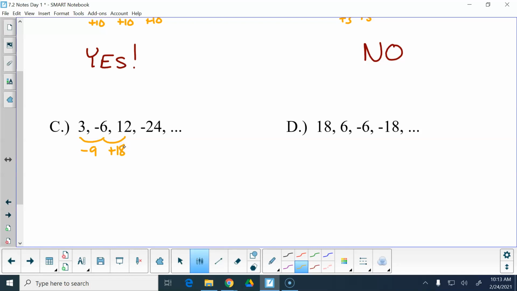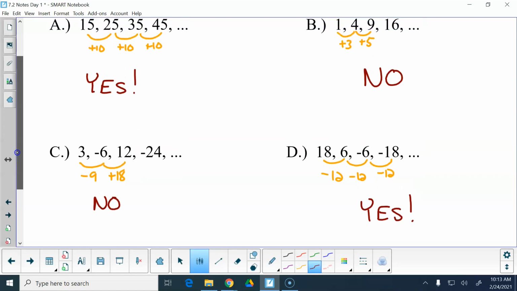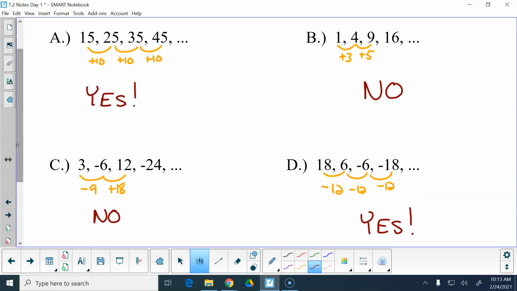So that's definitely a no, because those aren't the same. This is minus 12. This is minus 12. This is minus 12. So yes. Agree with those? Question?